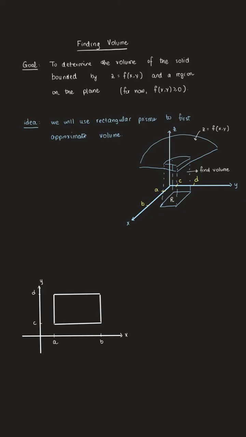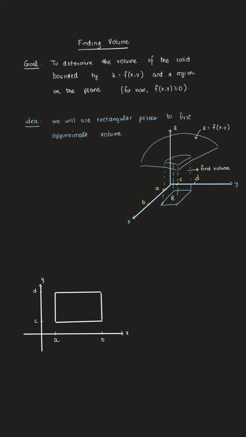Right? So we want to find the volume of the piece of space that I'm pointing to. And we're going to do what we do with integration. We're first going to break up into small pieces, and we will actually be finding volumes of little rectangular prisms, right? So they're going to look something like this.